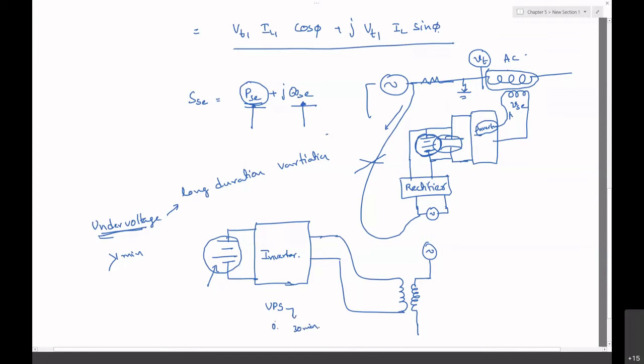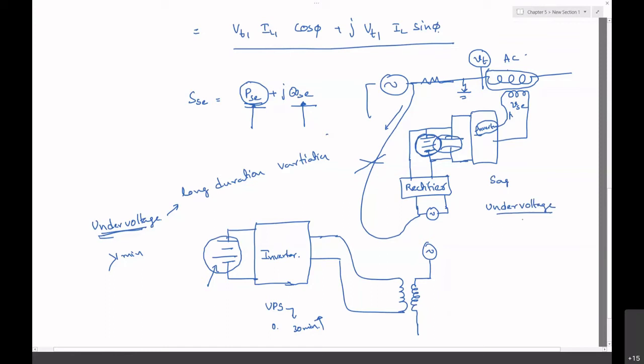If we want to increase the voltage support to more than 30 minutes or 1 minute, we require increasing the battery storage element also. Even this device, whatever I was explaining, is to correct the sag, but not the under voltage, because of the limitations in the energy storage.